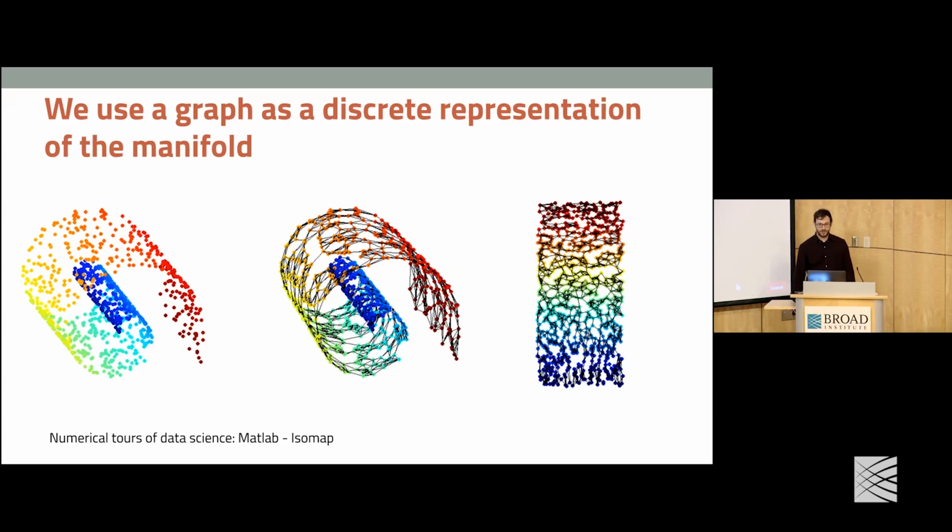And it's pretty apparent that that is able to capture some of the structure of this curving plane in the 3D space. And so when you flatten that out, it's preserved that topology very well. So in practice, we're going to use a graph as a way to represent the manifold rather than something more complicated.